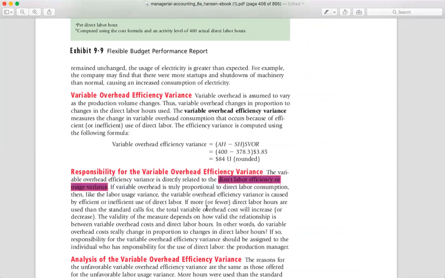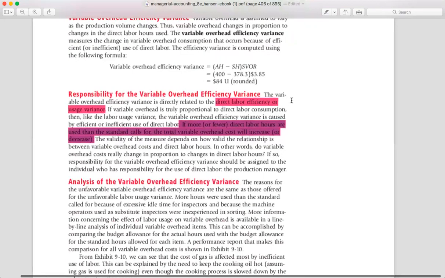If more direct labor hours are used than the standard calls for, the total variable cost will increase, or otherwise it will decrease. So, analysis of the variable overhead efficiency variance. The reasons for the unfavorable one are the same as those used before.